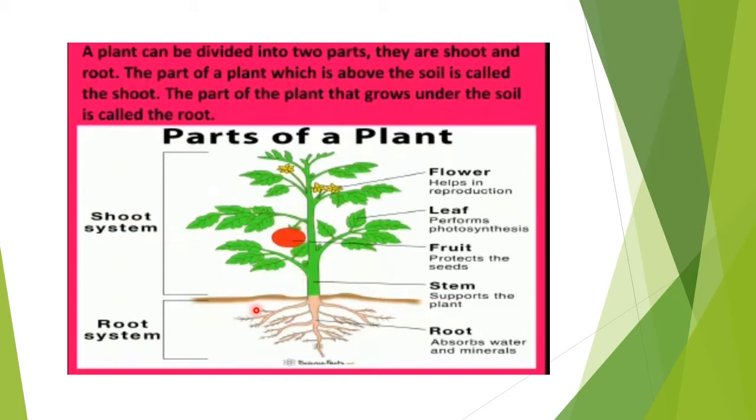The root system is below the ground. What is the main thing of this root? It absorbs water and minerals. What does the stem do? It supports the plant. The leaf performs photosynthesis and the flower helps it to reproduce.